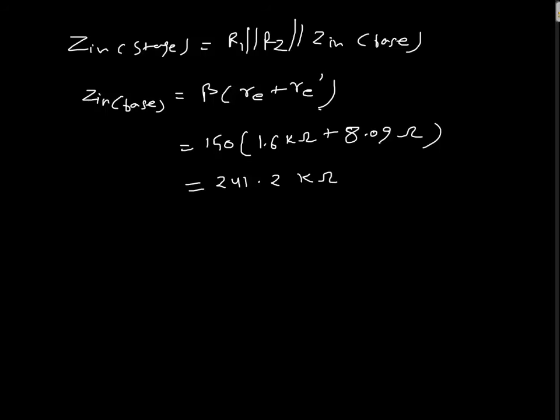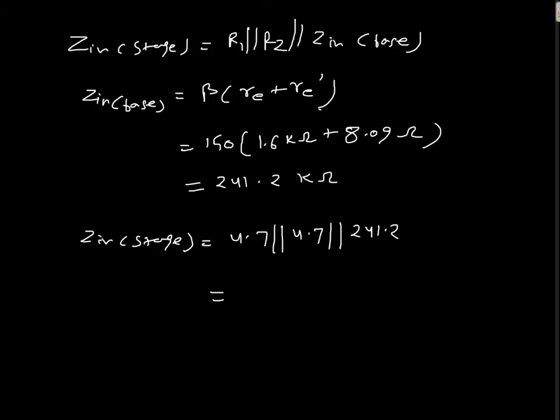So now, what is Z in stage? It will be R1 parallel R2 parallel Z in base. R1 is 4.7 kilo ohm, kilo ohm I'm not writing, it is understood. R2 is again 4.7, and Z in base is 241.2. All these values are in kilo ohm.